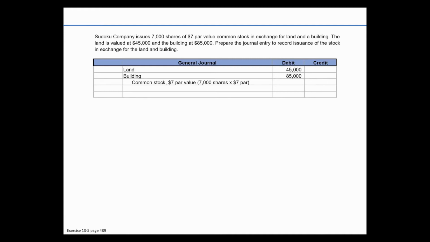So again, 7,000 shares by $7 is 49,000. Then we would credit the paid-in capital in excess of par value, common stock, for 81,000. So again, you take the total for the land and the building, subtract the 49,000, which is the par value for the stock, and that's going to give you the additional paid-in capital in excess.